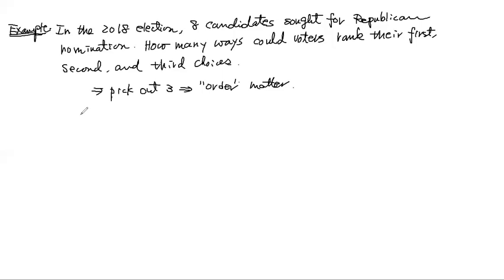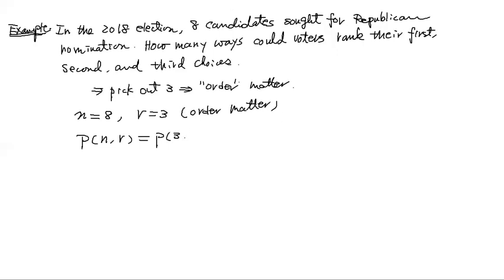So in here I have an n, so n is equal to 8. So I have n candidates, and then I'm going to pick out the 3, and these 3 order matter, right? So I know I need to use the permutation. So I put a P(n, r) here, like the last formula. So n is 8 and r is 3, right?